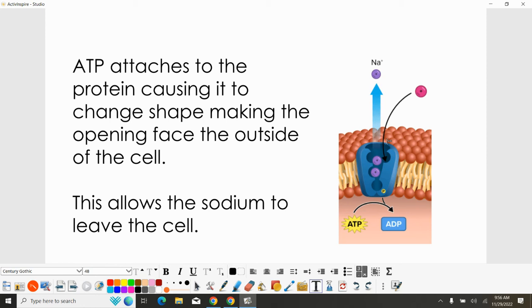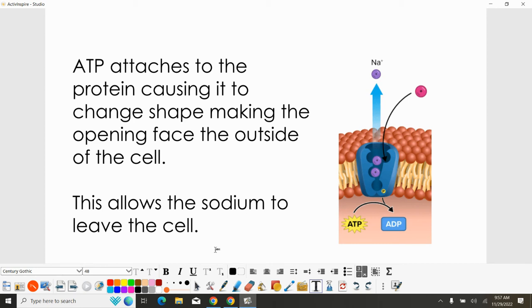Once those sodiums are gone, potassium ions can move into the pump. And the pump is able to bond with 2 potassiums. The pump bonds to 3 sodiums and moves those 3 sodiums out of the cell. Then it will bond with 2 potassiums.